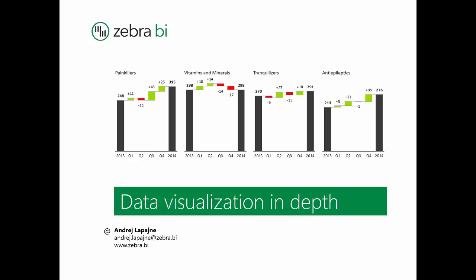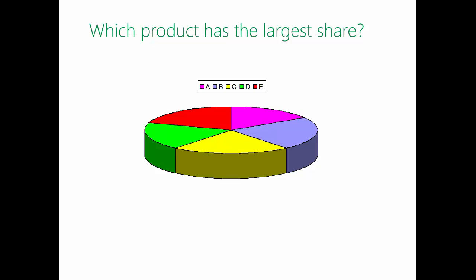Today I'd like to start with a simple question, and we'll do a little bit of a test here. Can you answer this question? Which product has the largest share? We have a share of 5 different products here.